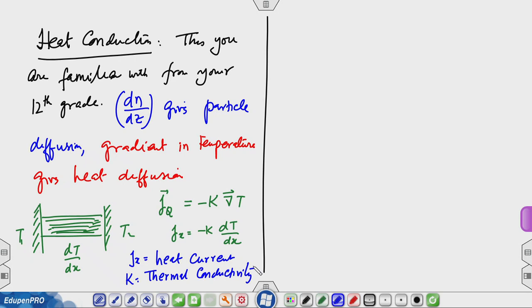So it's exactly like diffusion of material.